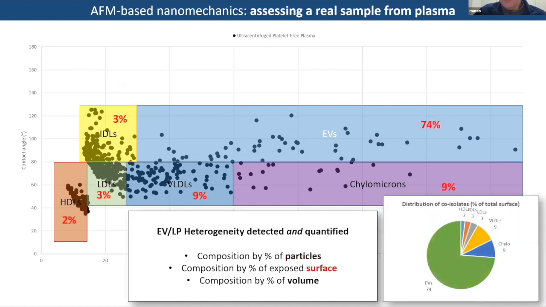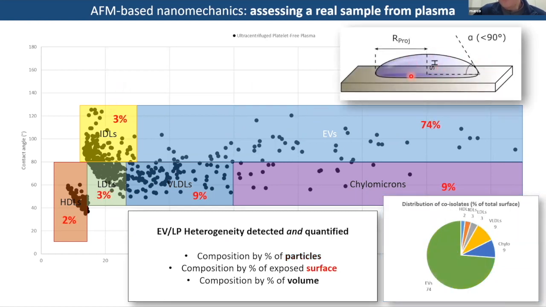But we also have access to the geometry of each individual particle. So we have access to their surface area. So if you are interested in the exposed surface area of your sample, you can recalculate the relative amount based on that.